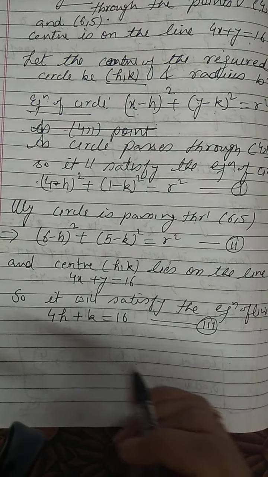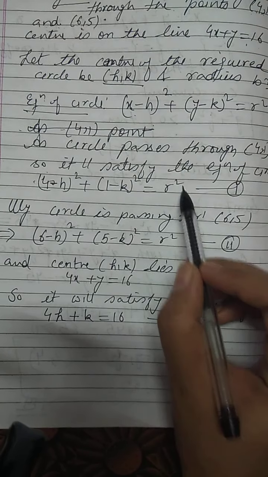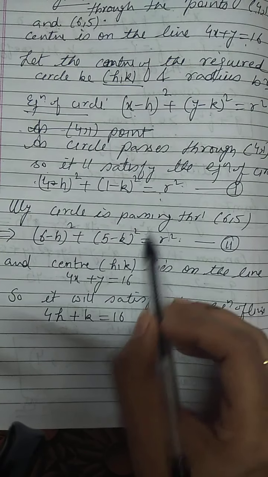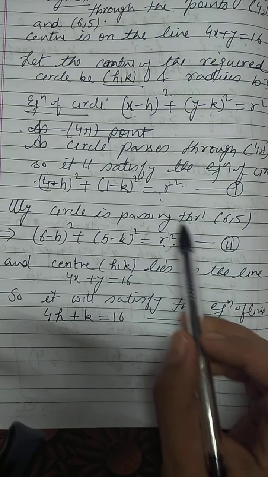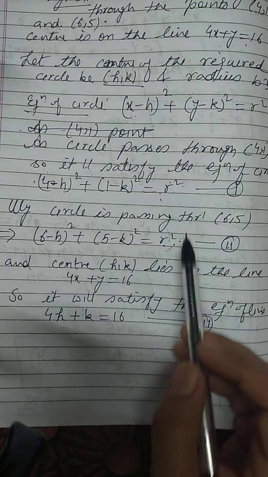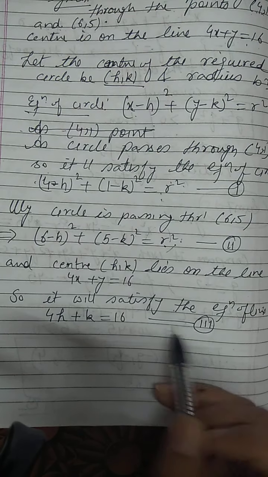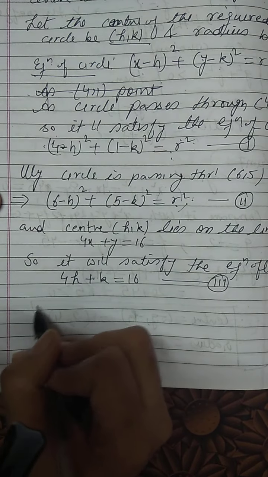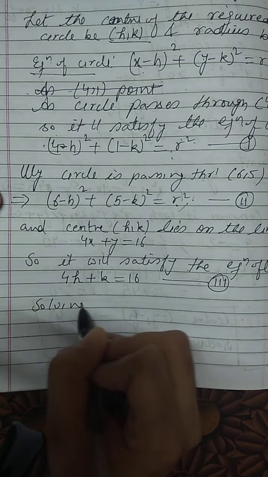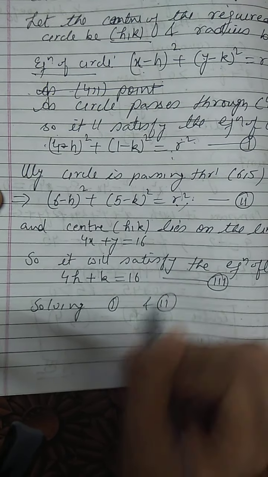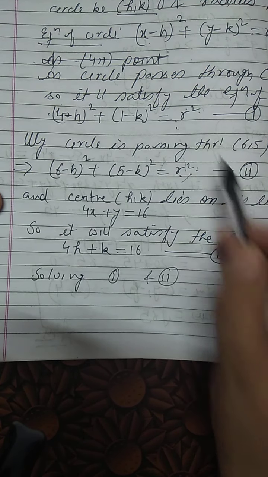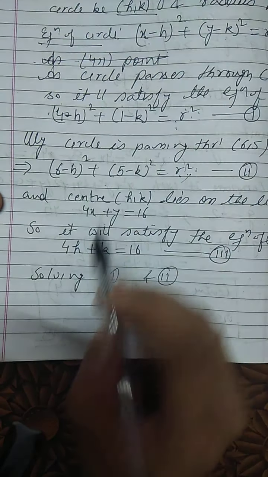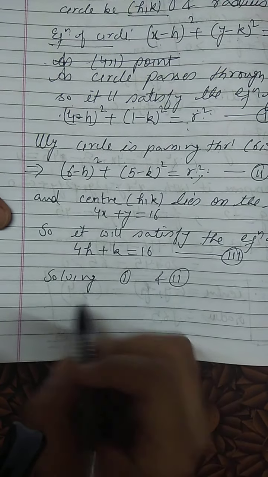So now we will solve the equations. Equation 1 and 2 both are in terms of r square. So first of all, we can eliminate this r square by just subtracting one equation from the other. It is your choice. So solving 1 and 2, I can just compare them also, because RHS are equal, so we can compare the LHS also.